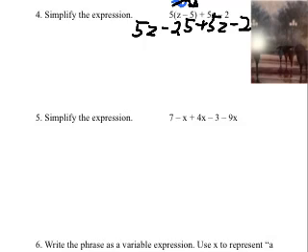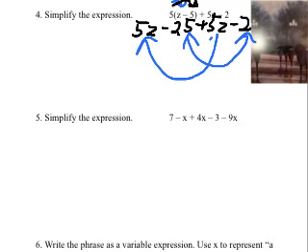So we could add these two together, and the two like terms here are these two. We can add those two together. So we're going to add our z's together and our numbers, our constants together.